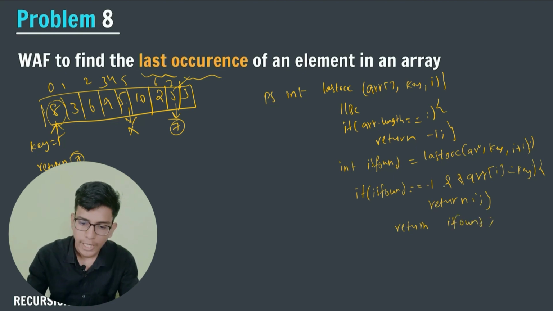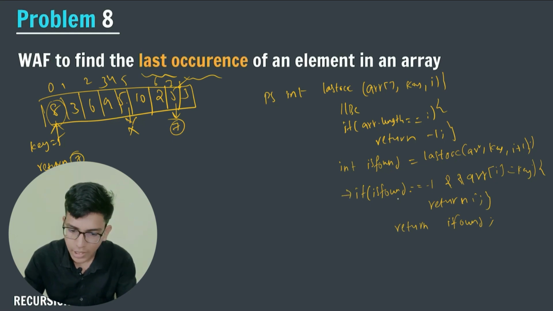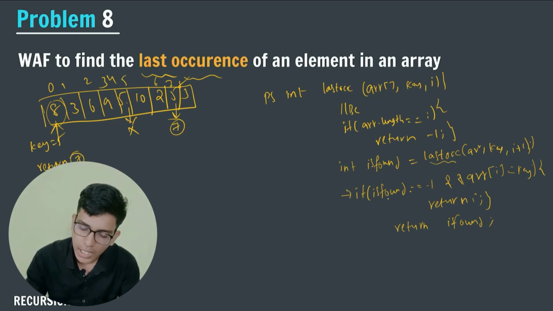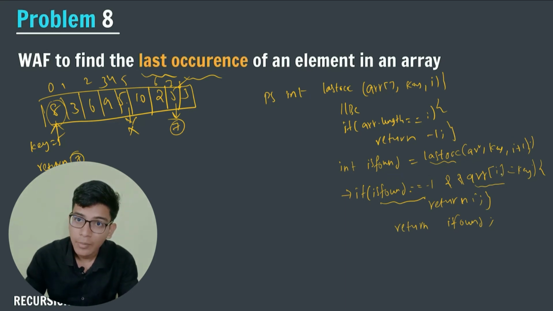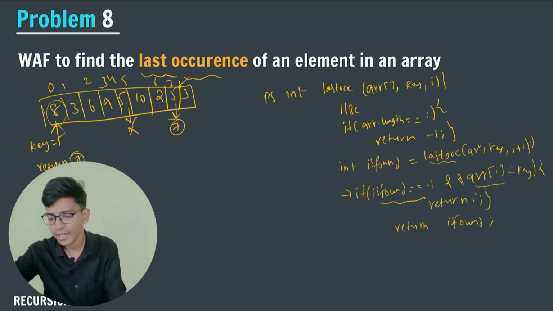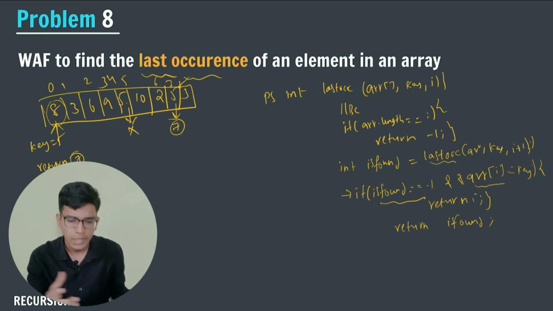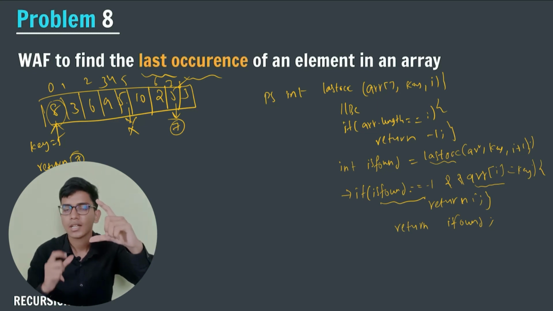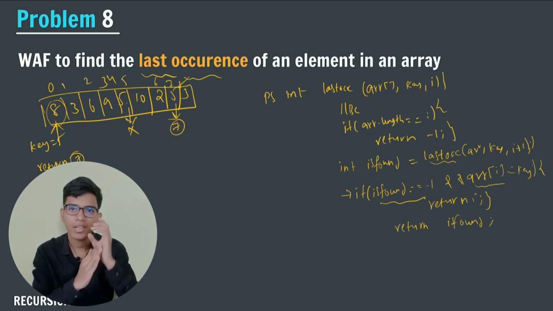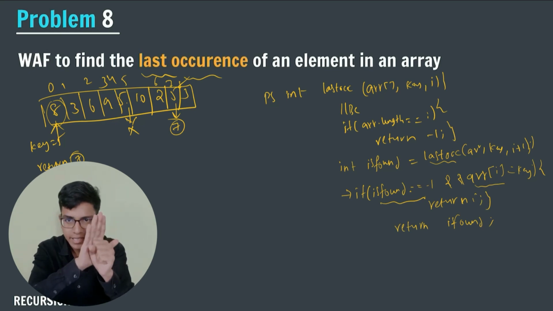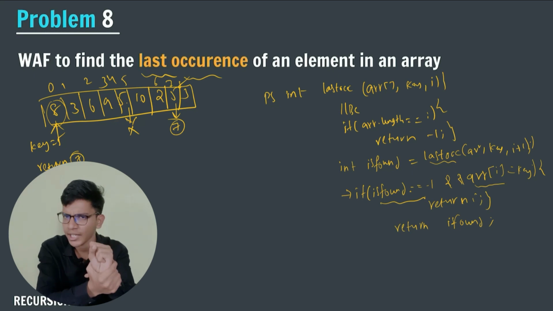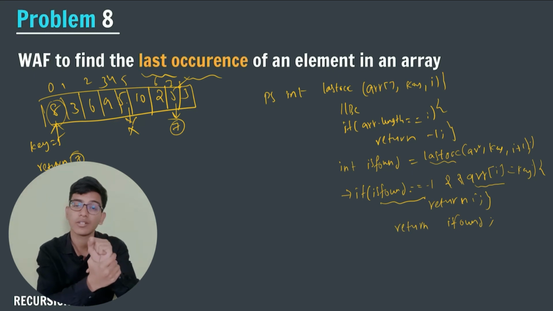It means that here the if statement describes the case in the last occurrence where the element is not present in the rest of the array. Let us take an example to understand the if statement. This is my current element. What I told you is that we will not first check whether the current element is equal to the key or not.